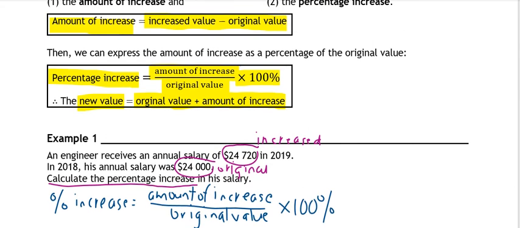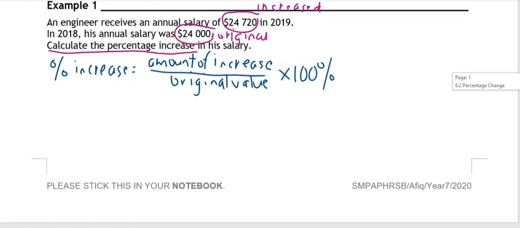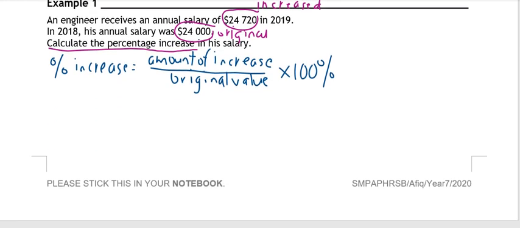The amount of increase, as I just mentioned, is equal to the increased value subtracted by the original value. You know your original value and you know your increased value. So basically the difference between $24,720 and $24,000, you just subtract them to get the amount of increase.